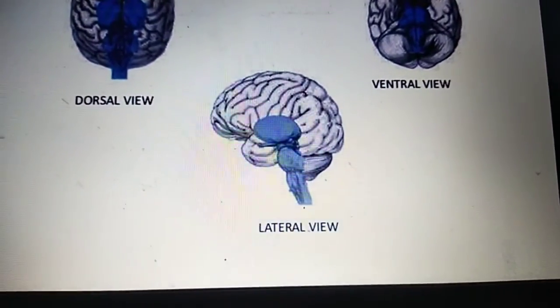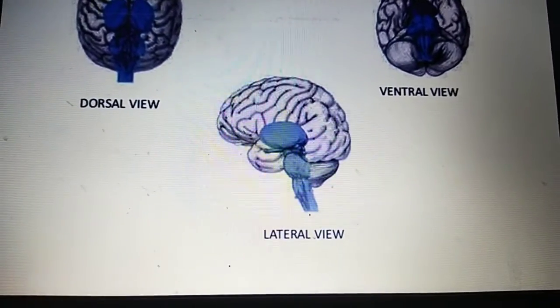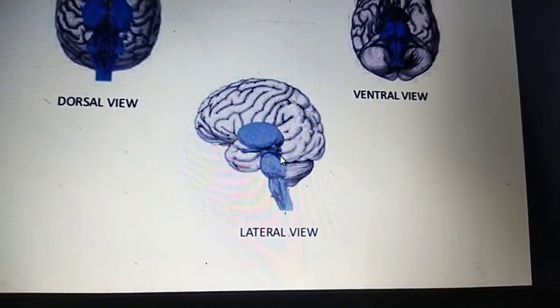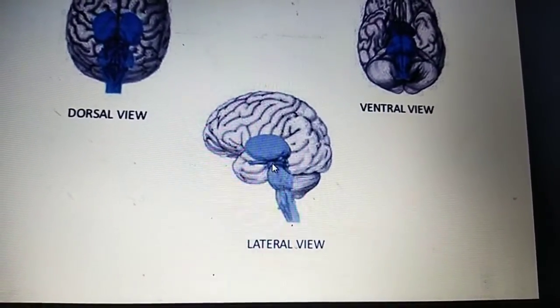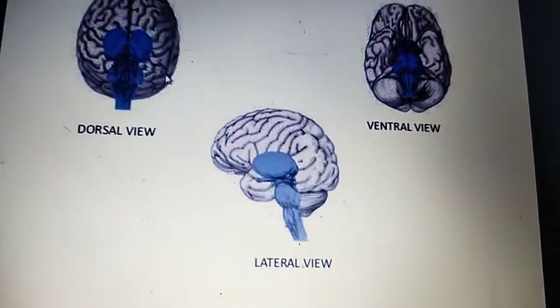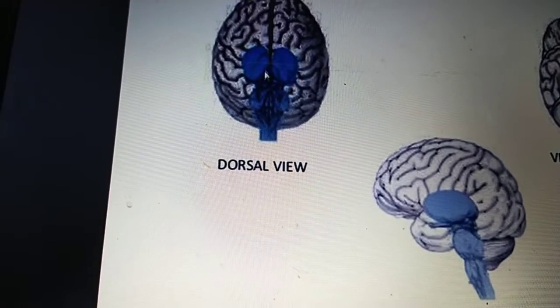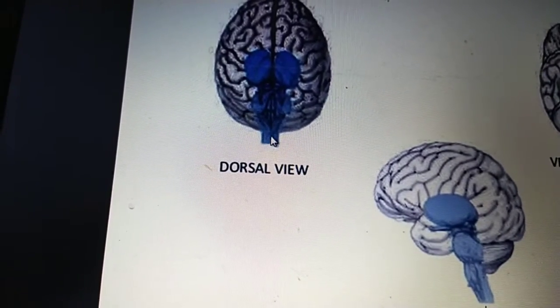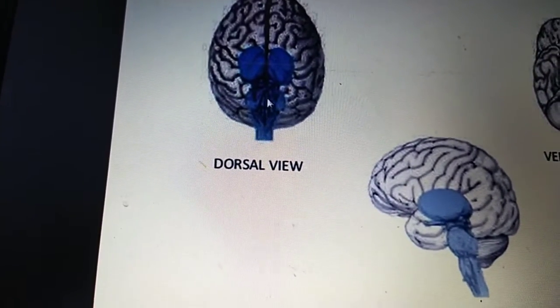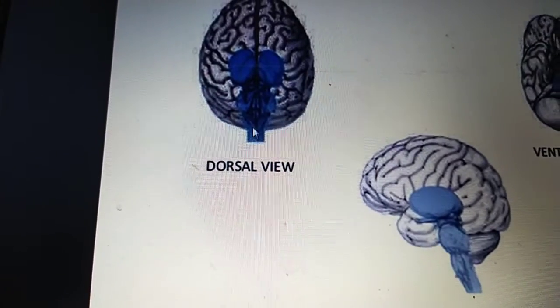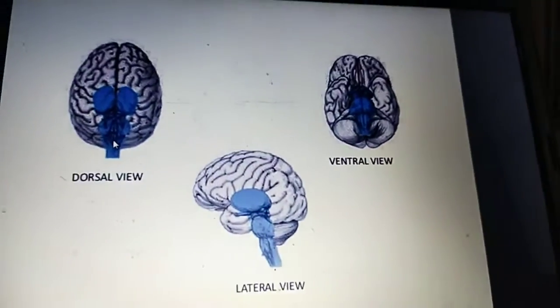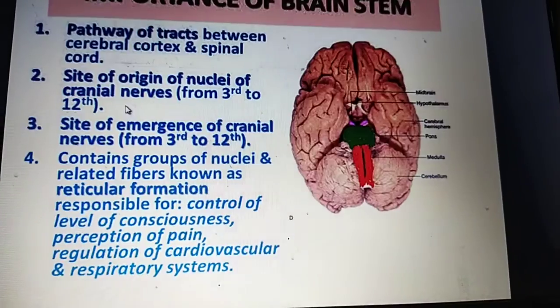In the lateral view it looks like this: this is the pons, this is the medulla oblongata, and this is the midbrain. This is the dorsal view: midbrain, pons, and medulla oblongata, and here the fourth ventricle is present. You can go for the next slide.